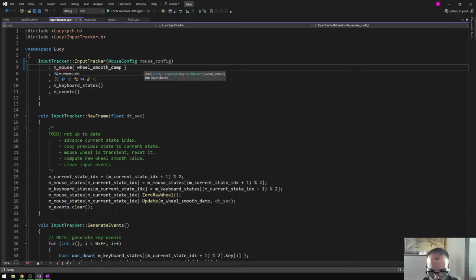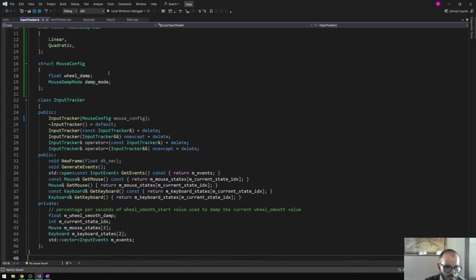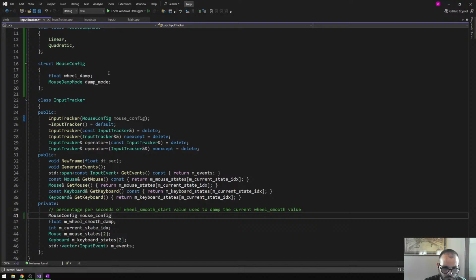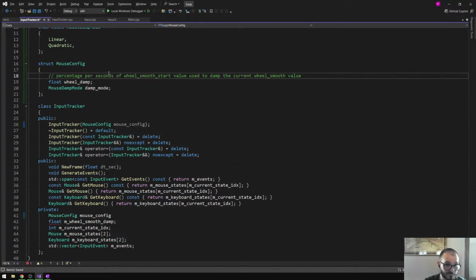We did the math, so we can just go on coding, doing real work instead of mathing. Mouse config, did a bit of math. I already forgot how to type. This we put in here.